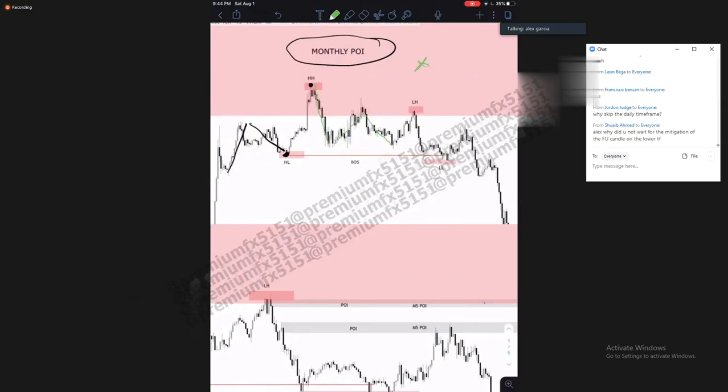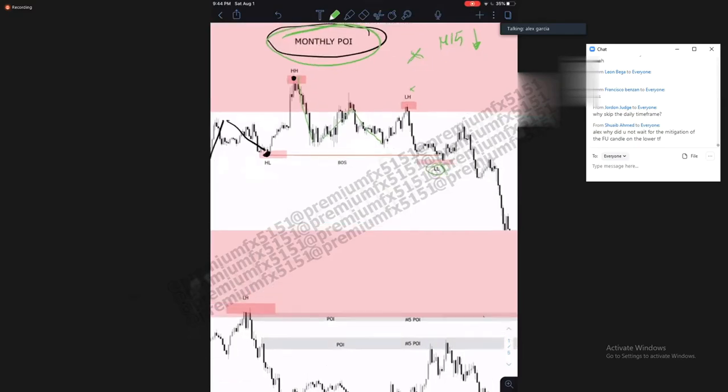So we are just waiting: it's a monthly point of interest, but not even M15 has switched to bearish. I'm just waiting a little bit for some sort of market flow in my favor to play the sell from my point of interest. After that, I see how this point fails to create a higher high, but this point here creates a lower low. Now we broke structure.